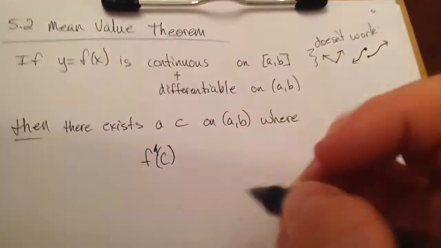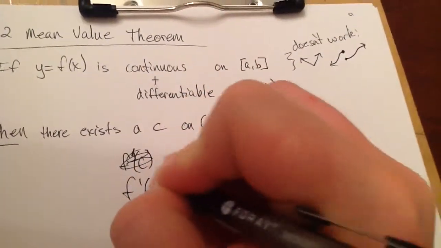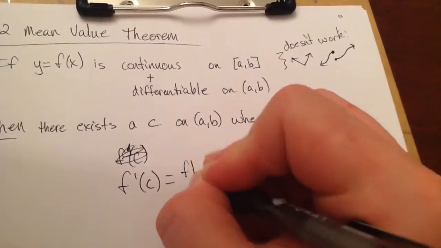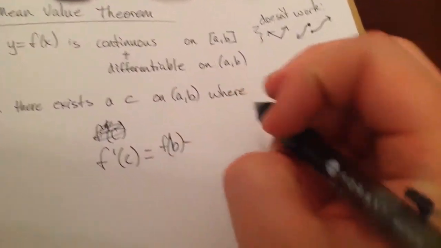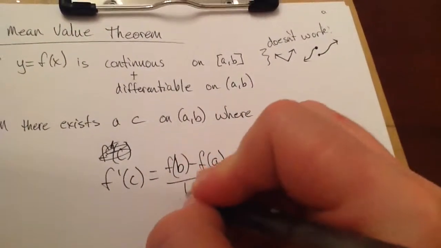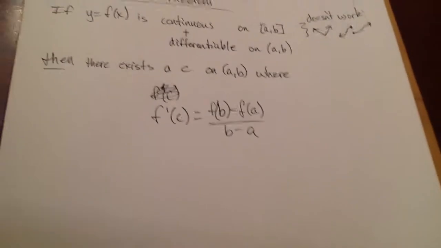Should say f prime of c. Let's rewrite it. Equals that. So what's this mean?